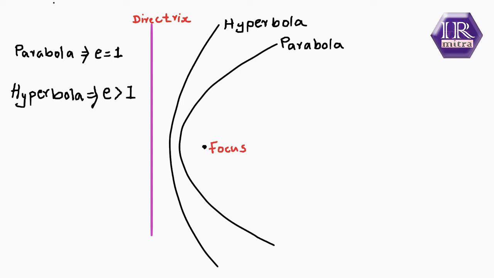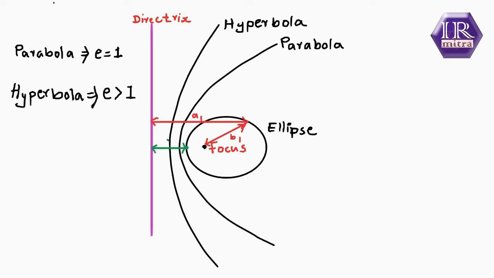Now consider the third case, which is the opposite of the previous one. That is, the distance from the directrix is always greater than the distance from the focus. In that case, what you are going to obtain is known as the ellipse. For the ellipse, if we take the first point, the red one, the distances are a1 and b1, the green one a2 and b2, and the blue one, the distance from the directrix is a3 and from the focus is b3.